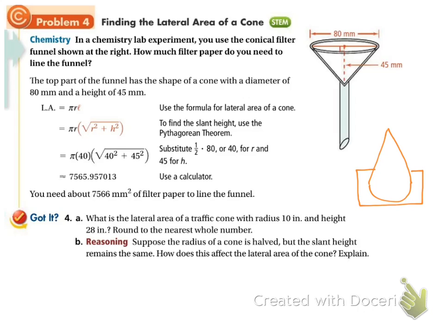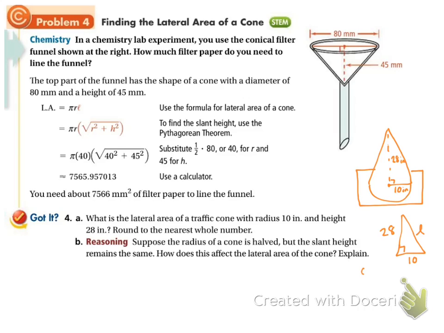So we have a radius of 10 inches and a height, not a slant height, but a height of 28 inches. If we don't know what our slant height is, that means we're going to have to draw a triangle, right? So let me sketch out our triangle here. It's a little rough, but 28 and 10, and we need to know what our slant height is.